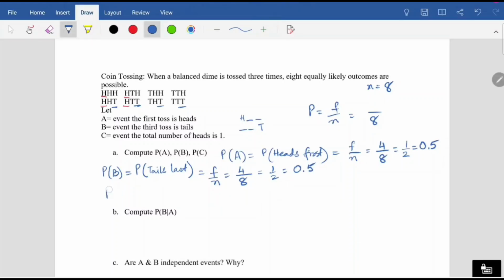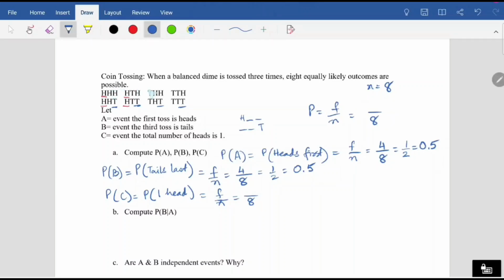And the last one is probability of C. Probability of C means probability of 1 head in a combination. Again, F over N, N is 8. In how many cases do we have where head lands only once?